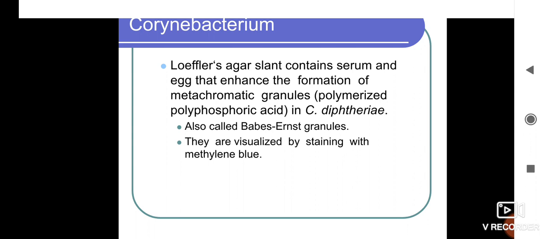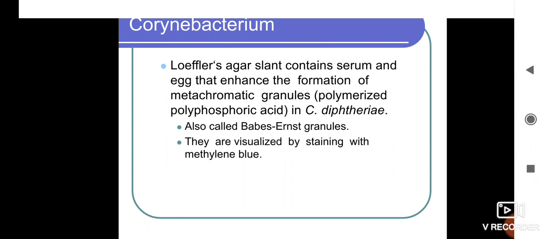Normally, the culture characteristics are that they are aerobic and facultative anaerobes. The optimum temperature for growth is 37 degrees, with a range of 15 to 40 degrees, and the optimum pH is 7.2. Complex media is required for primary isolation and characterization.